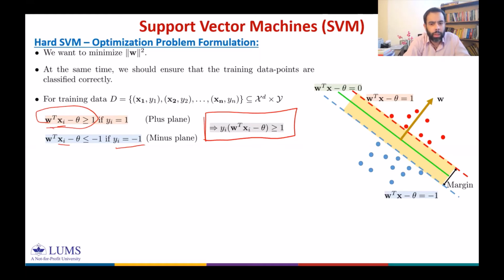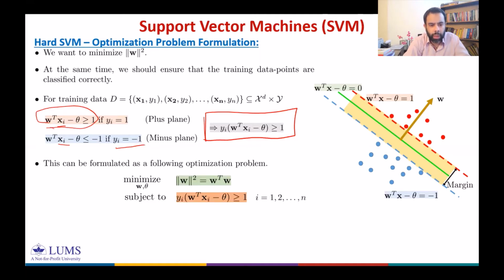Okay. So now we can define the optimization problem. We want to minimize square of Euclidean norm of W, which is W transpose W, subject to these inequality constraints. And we have n number of inequality constraints, one inequality constraint for one data point.